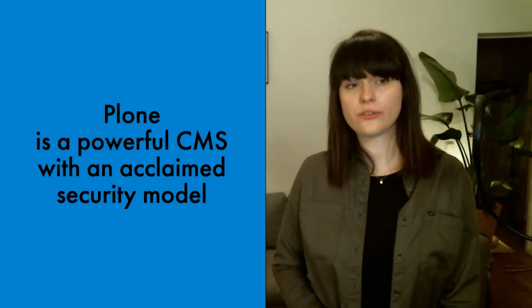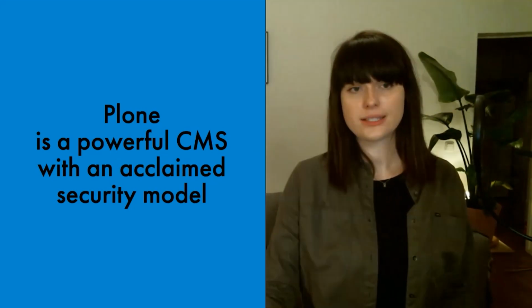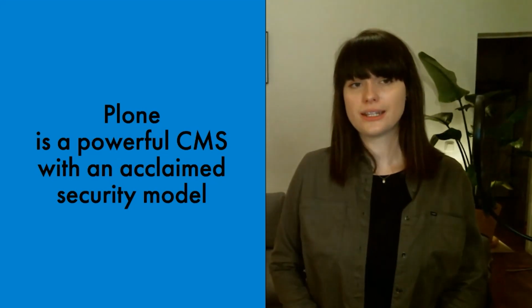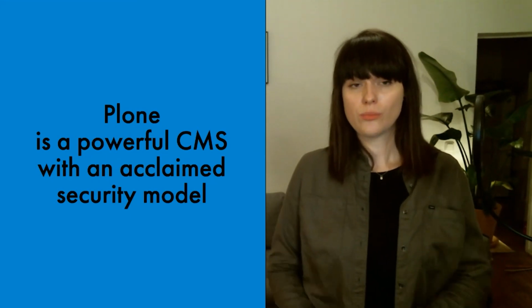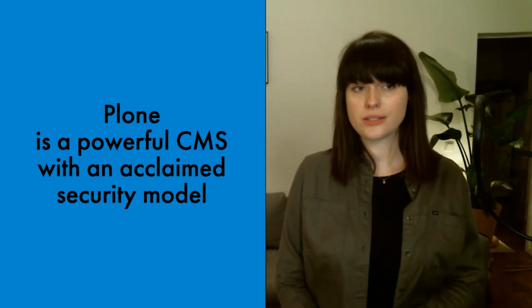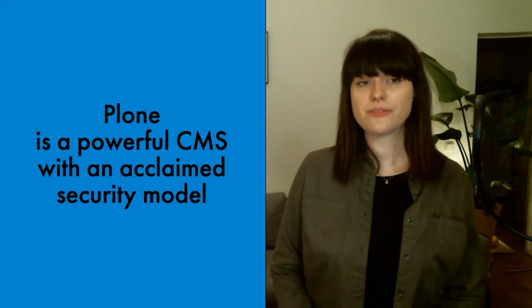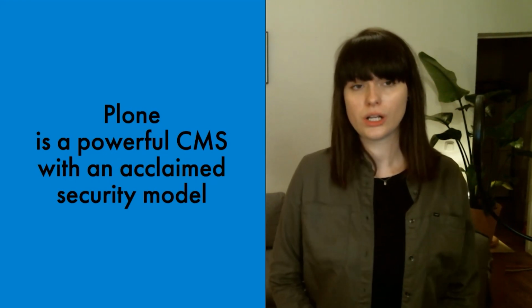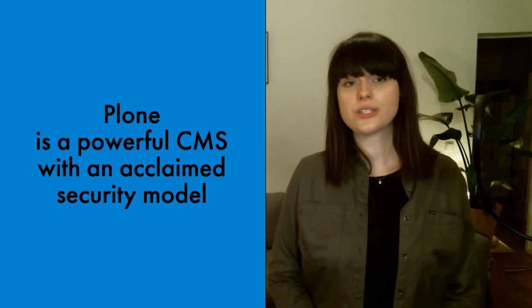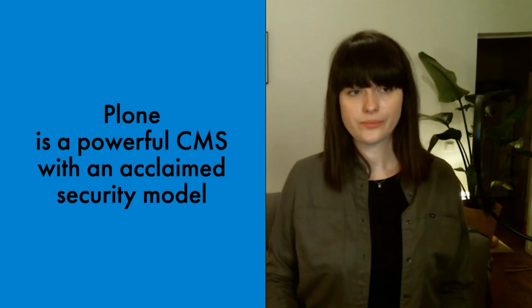So the maintainers of the project understood its weaknesses, but also defended its strengths. Plone was a powerful enterprise CMS solution with an acclaimed fine-grained security model and an outstanding security record over the last 12 years.